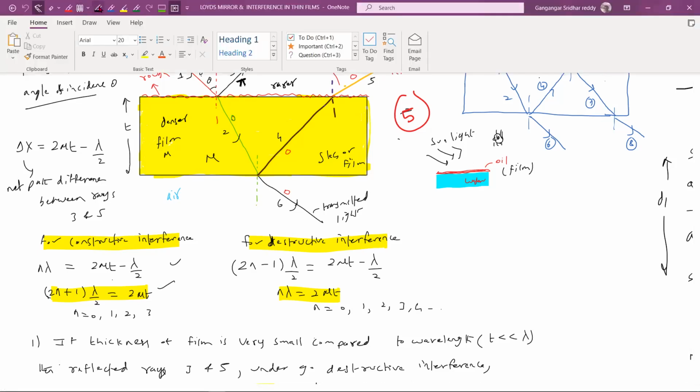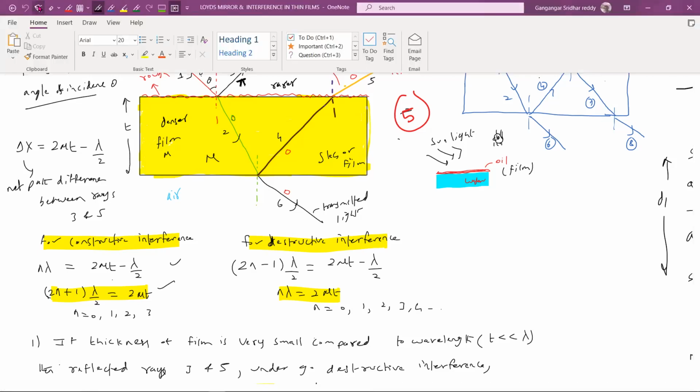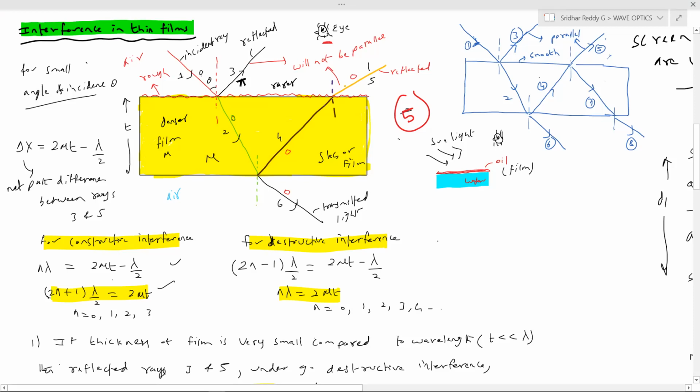Okay, let me explore that equation. Lambda should become equal to 4 mu t by (2n plus 1).